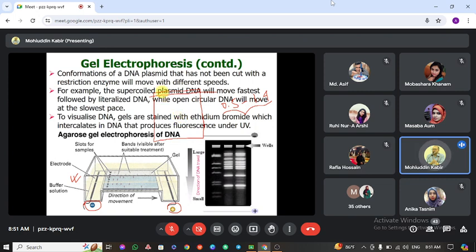So we place the comb. Then we prepare the solution by melting.